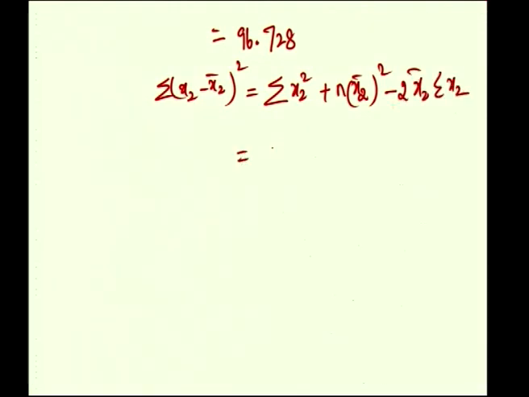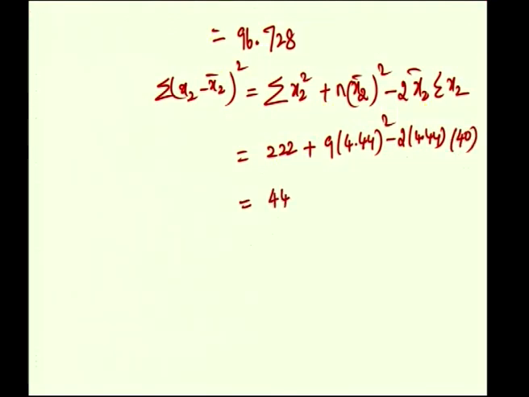Now, substituting all the values, 222 plus 9 into 4.44 square minus 2 into 4.44 into 40. This value comes to be equal to 44.224.